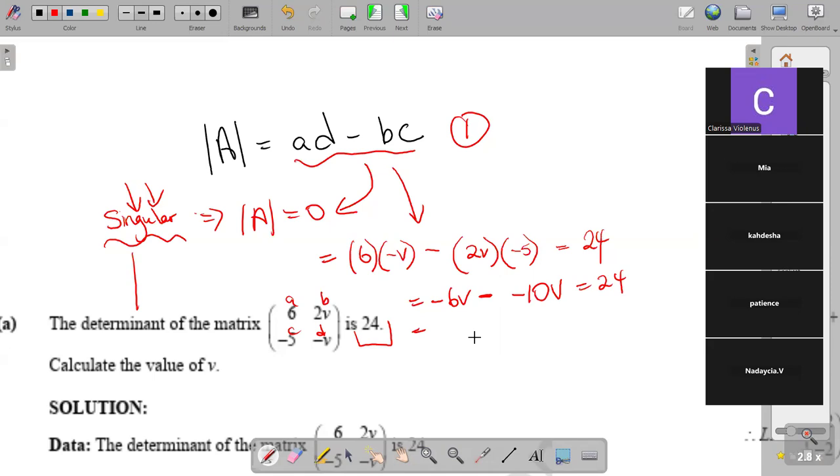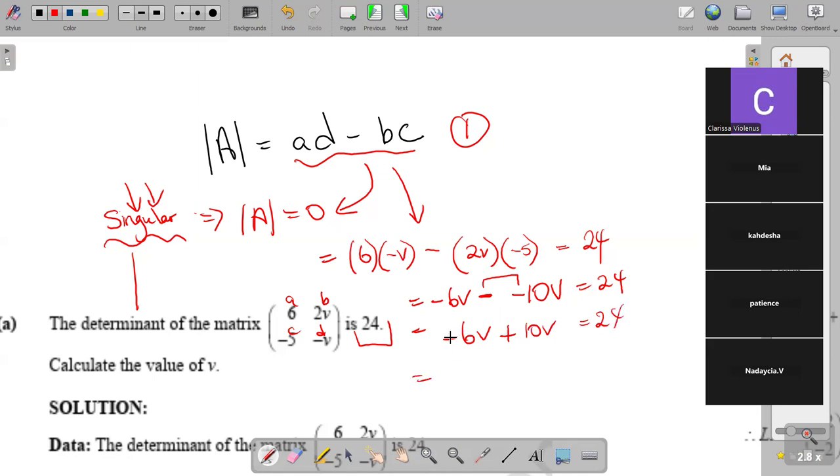What is the situation we're faced with at this moment? What is the next thing we have to address? The clashing signs. Yup. So this negative and negative turn positive. So this becomes negative 6V plus 10V equals 24.